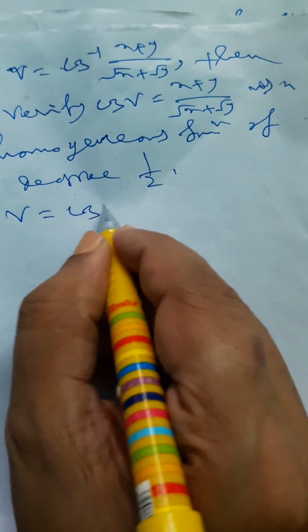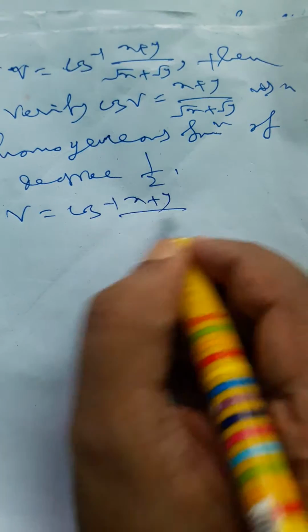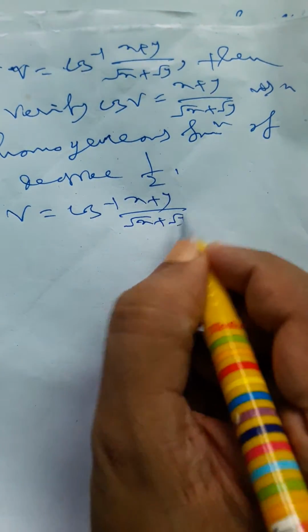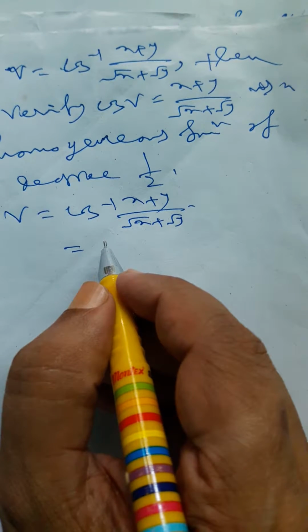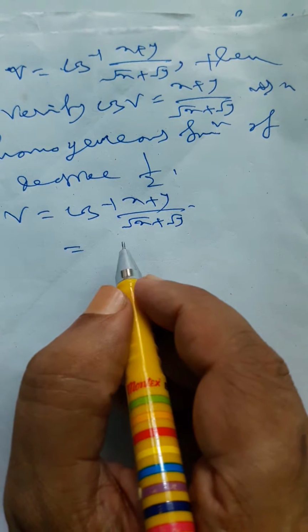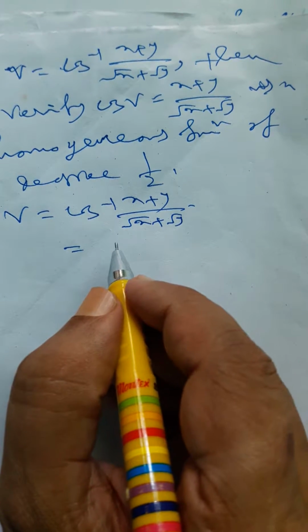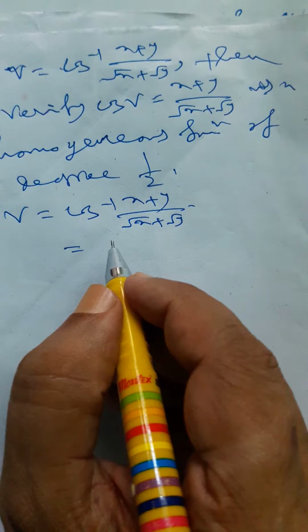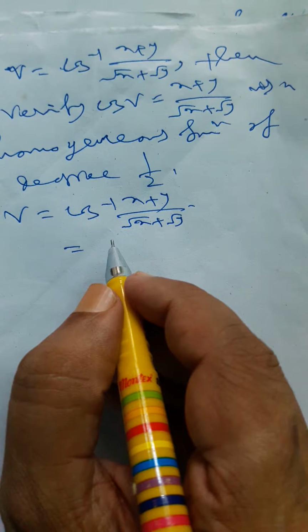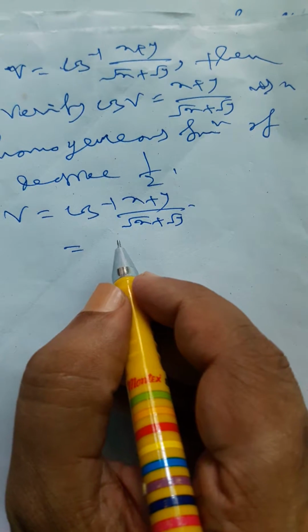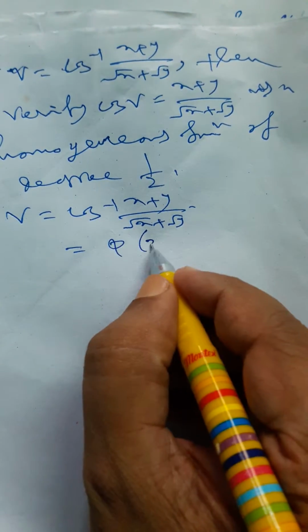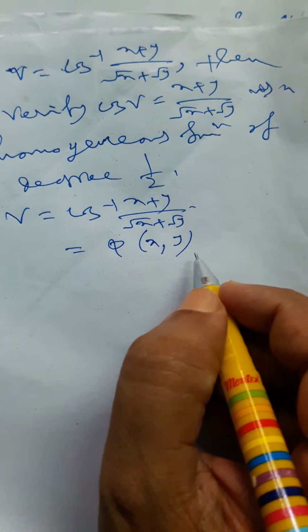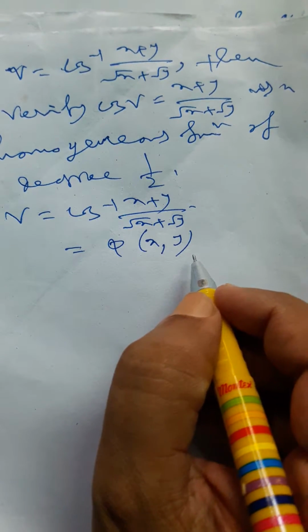v is equal to cos inverse of this expression, so we can say it is a function of x, y.